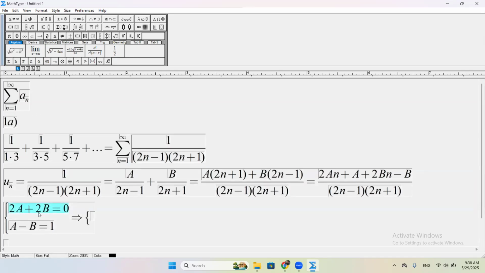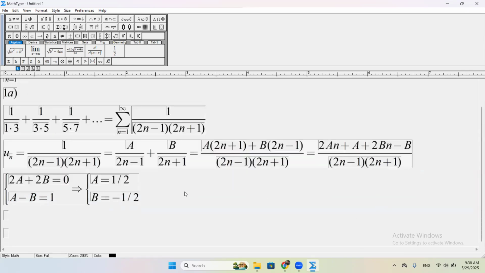So from this equation, 2a equals 1. Then a equals 1 over 2, and b equals minus 1 over 2. So u_n will be equal to the following expression. Here will be 1, 1, here will be minus, and the denominator is multiplied by 2.